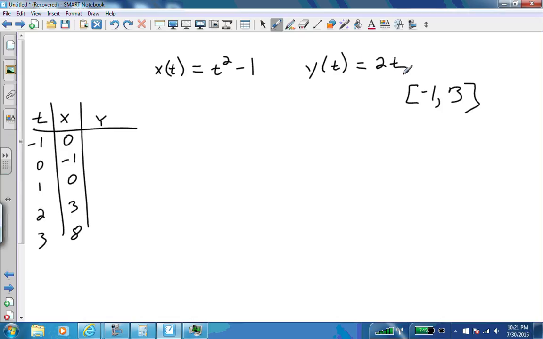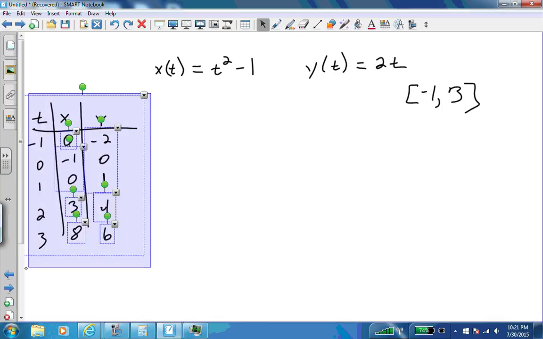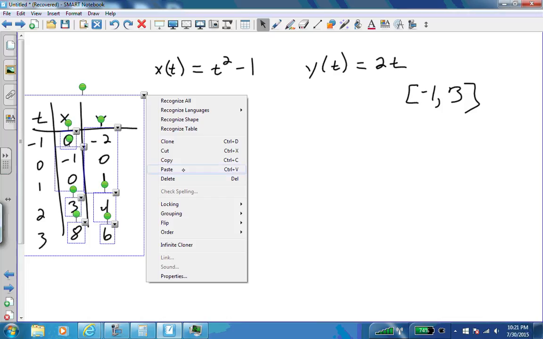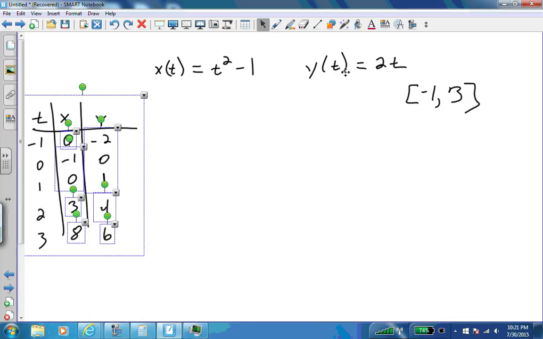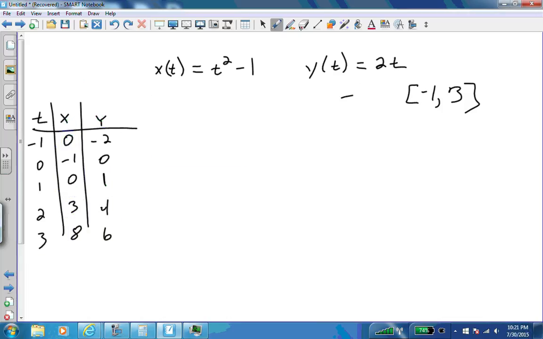Then if we take these t's and plug in over here, we get -2, 0, 1, 4, 6. So those are some points of our plane curve that correspond to t being between -1 and 3, x being described by this curve, y by that one.